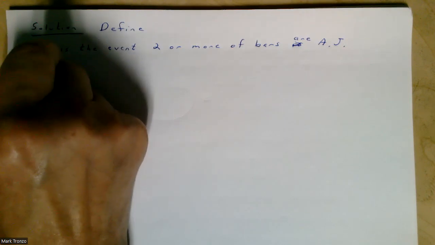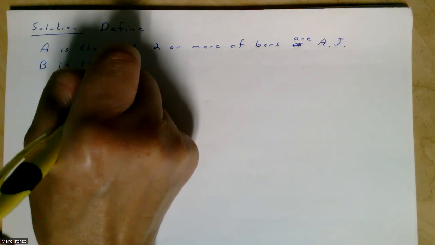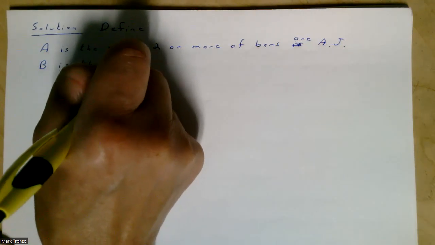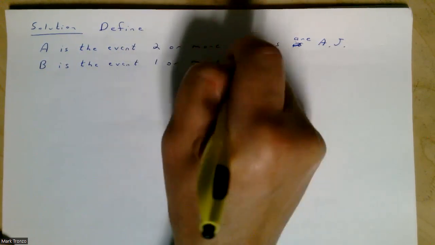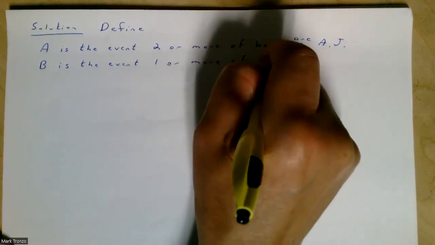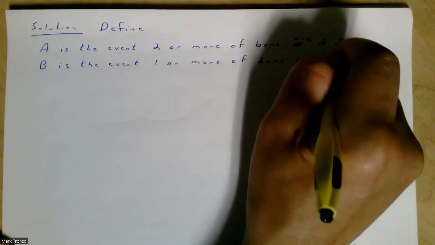And let's say B is the event that one or more of the bars are Snickers.